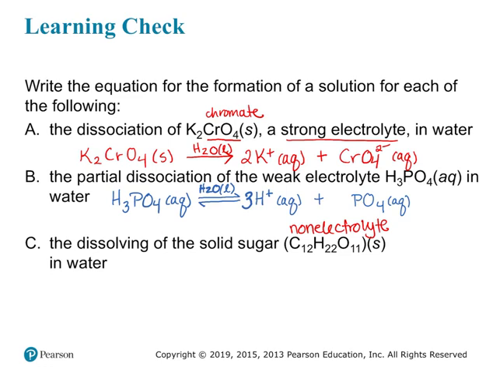So if we have 3 positive charges from hydrogen, what is the charge on phosphate? 3 minus. So that's another way to show the dissociation of that weak electrolyte. As long as you're showing the double arrows, that's fine for now.